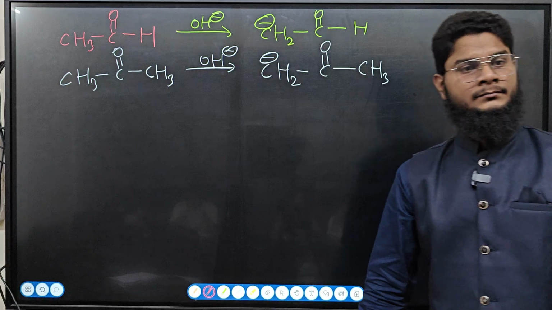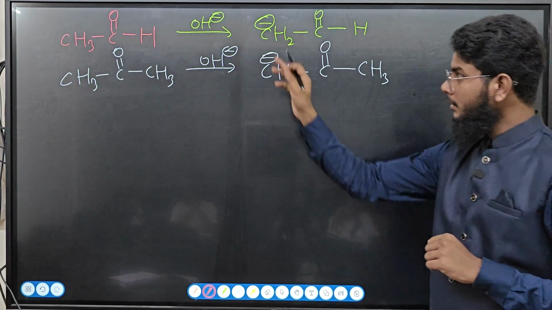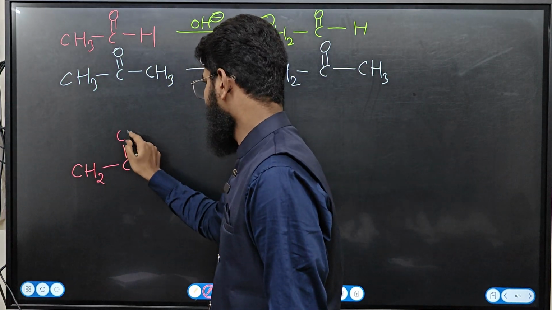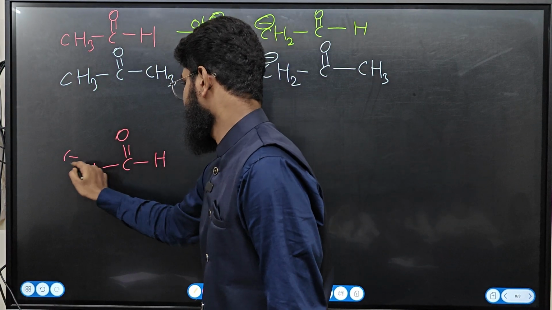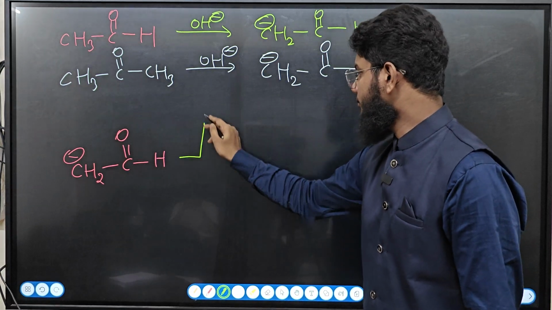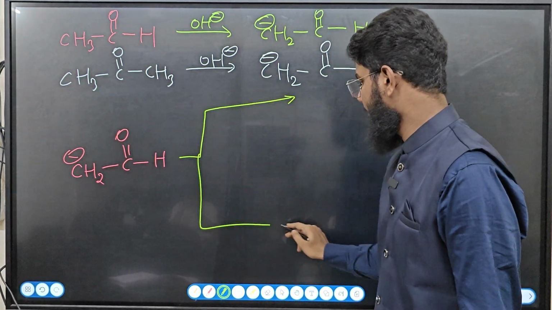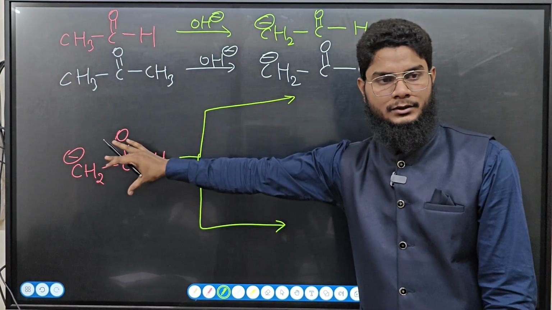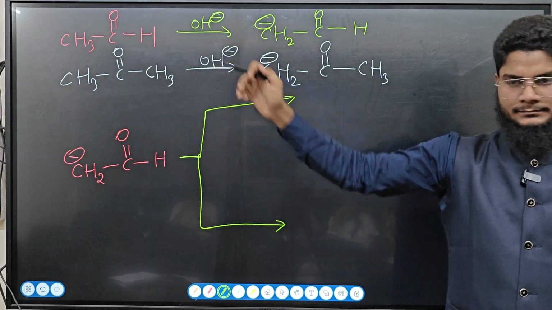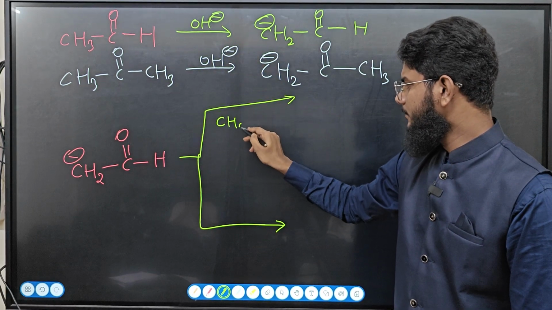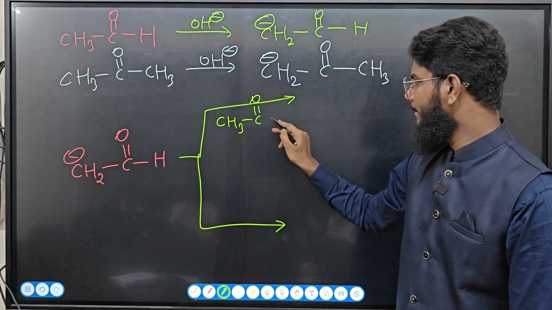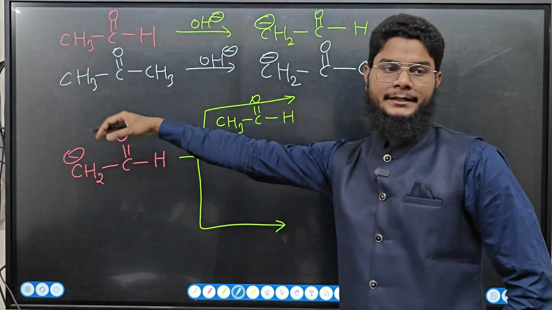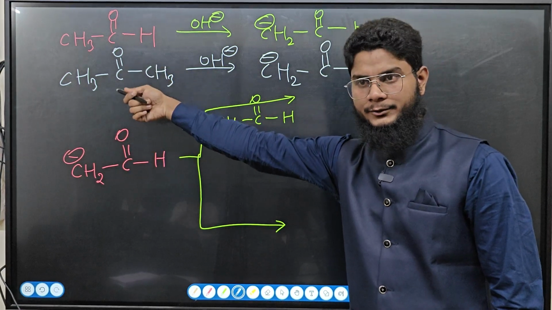So you have a total of 2 enolate formations. Now first consider the first one. There are two possibilities. Possibility number one, this molecule can react with the same molecule of acetaldehyde. The other possibility, this acetaldehyde enolate can react with the ketone acetone.